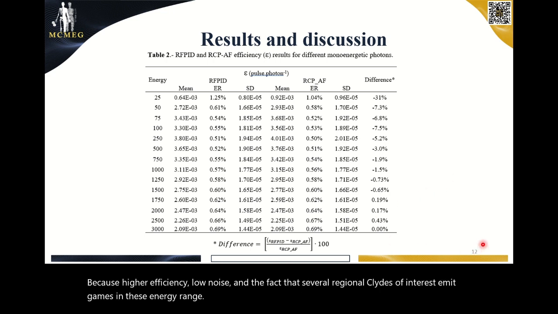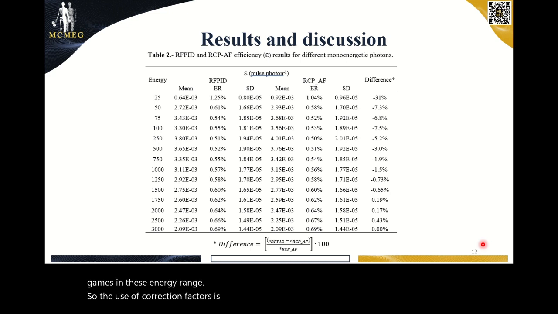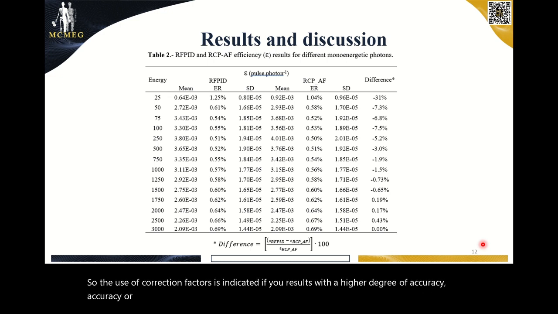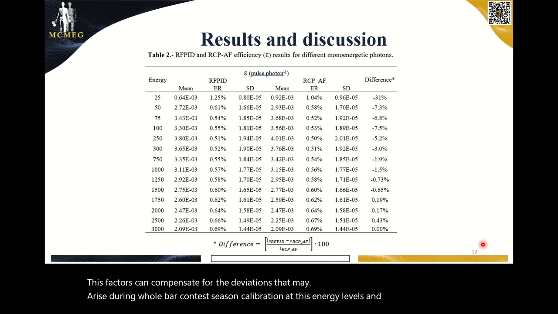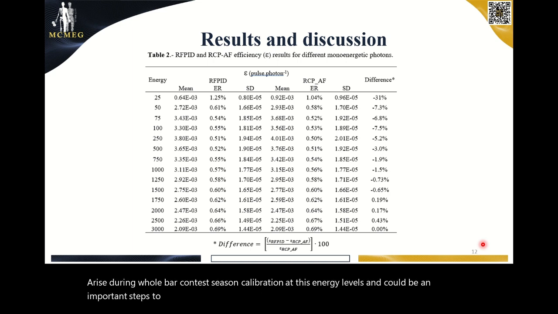So the use of correction factors is indicated if results with a higher degree of accuracy are required. These factors can compensate for the deviations that may arise during whole body counter system calibration at these energy levels, and could be an important step to achieving accurate dose estimation.